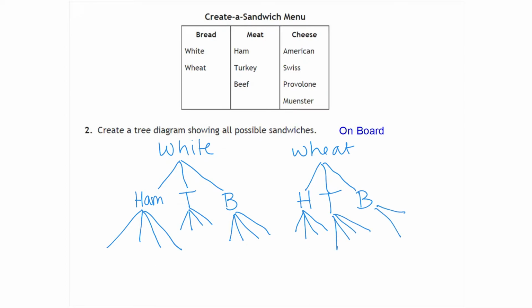As you can see, this can get pretty convoluted, so I'm just going to put the capital letter. We have a choice of American cheese, Swiss cheese, provolone cheese, and Munster.